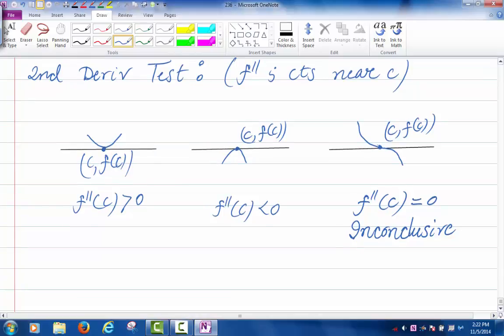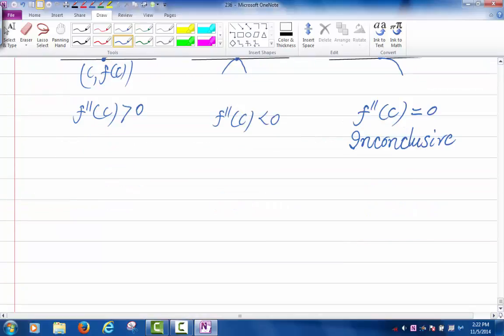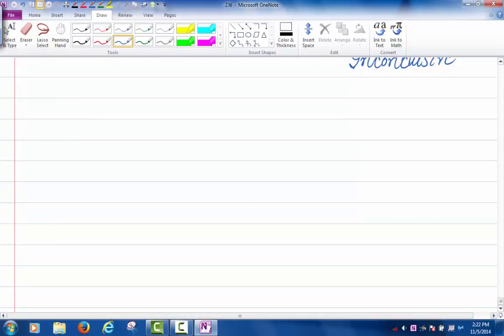Remember, in our problem above, we had the function f of x, which was 3x to the 4 minus 4x cubed minus 12x squared plus 5.